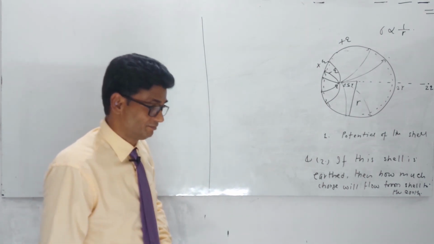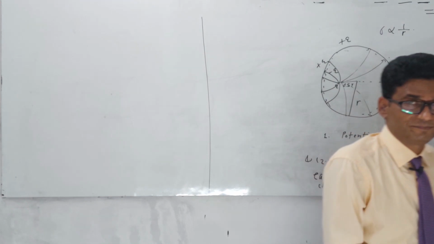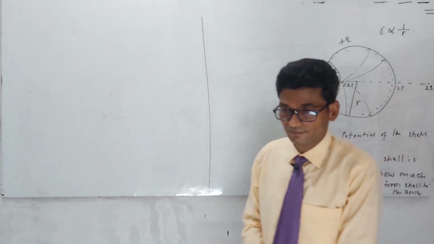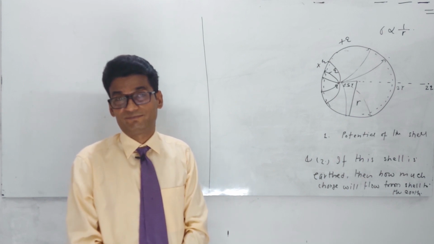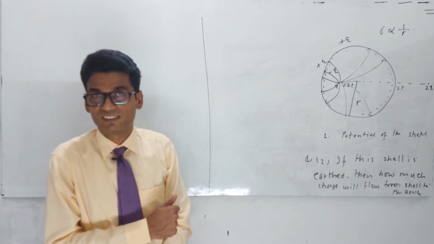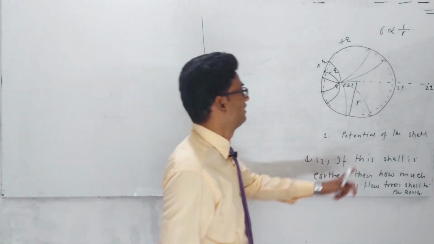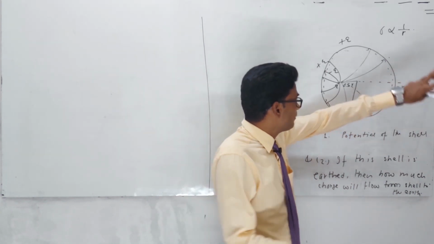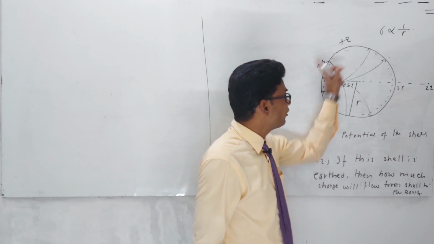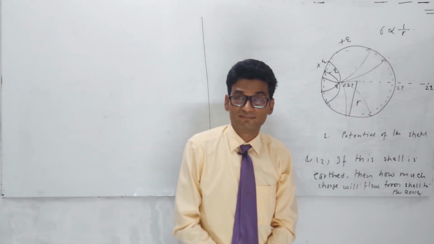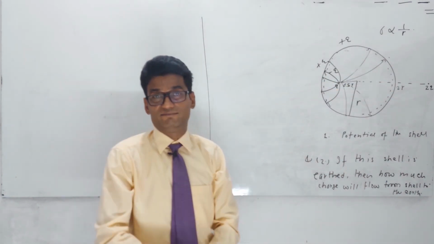But still, a twist in the problem. What is the twist? Twist is that now if we combine all these charges, the charges are not distributed uniformly on the outer shell, in fact the outer surface of the shell.